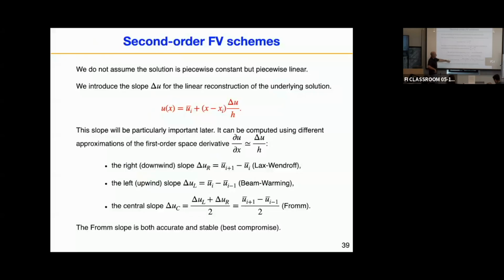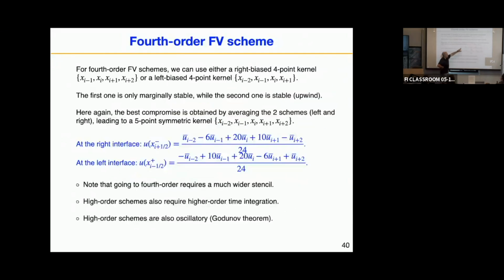For example, if you adopt this slope, you see that your numerical approximation is completely linear as a function of the solution, right? So it's a linear scheme, meaning that you have linear dependency. This is also linear, right? You see that this is linear, 20 times u_i plus whatever. These are linear operators.